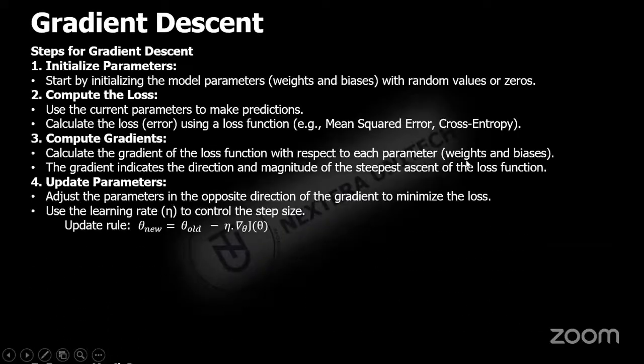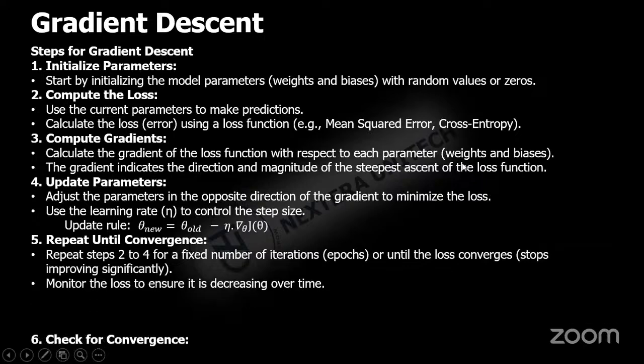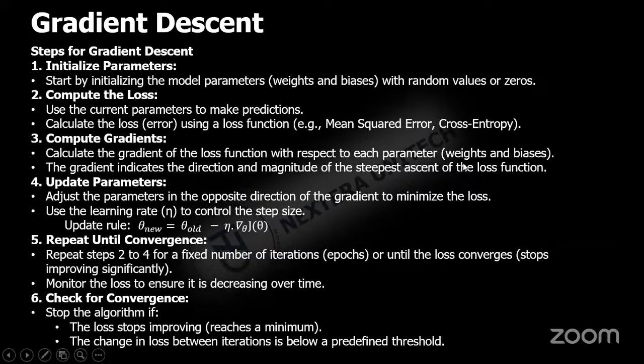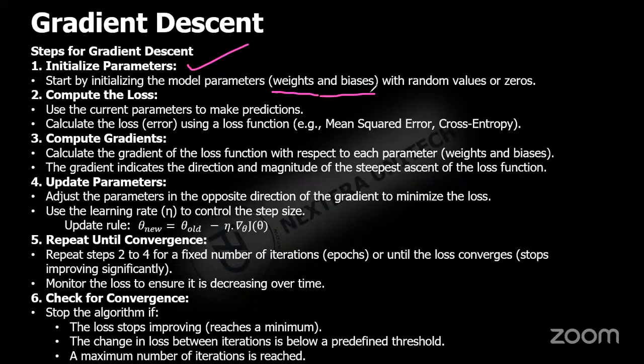The same process, whatever we have discussed about how a neural network works: it initializes the parameters, both weights and bias. Then post initializing these parameters, you get the prediction done.